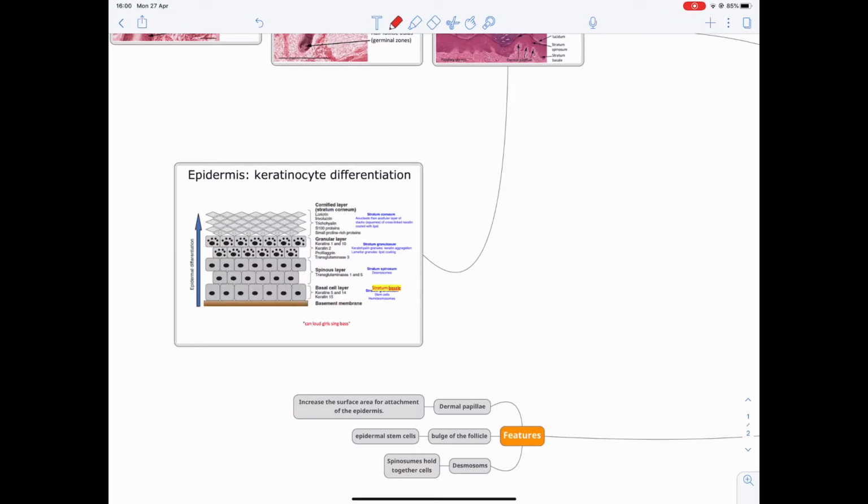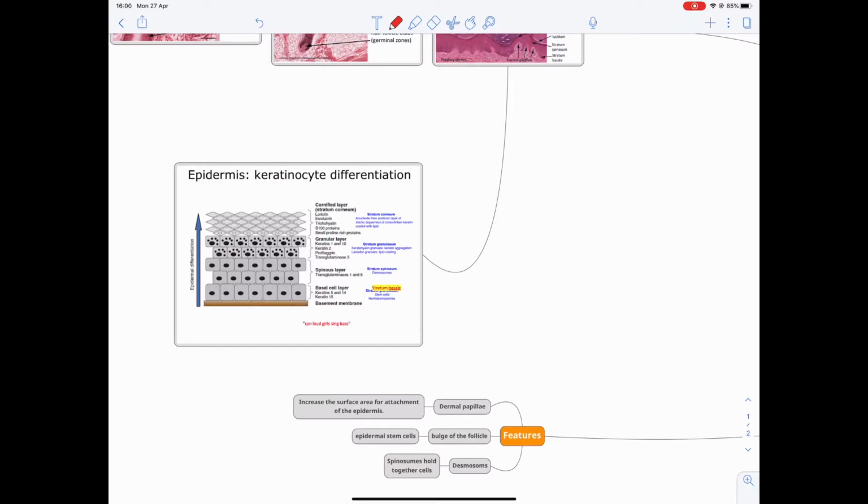So what happens then is that the body doesn't want to lose all these precious materials, and so these cells that eventually die off give these nutrients or granules to the cell below. And the cells below, which are these granular cells, hold those nutrients for dying cells so they can be used again.